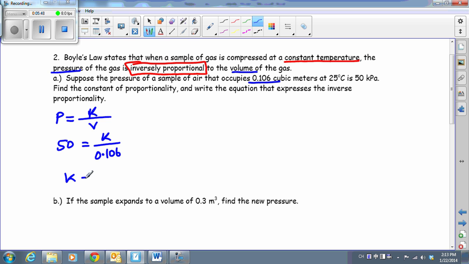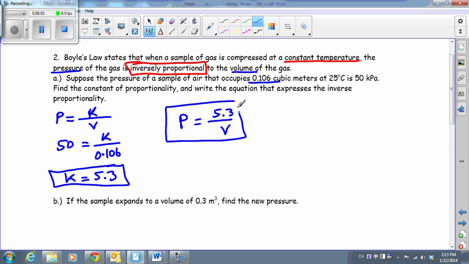If you cross multiply, you end up with K equal to 5.3. And that again is your constant of proportionality. To rewrite the equation, I would therefore say P is equal to 5.3 over V. And this will be my equation.